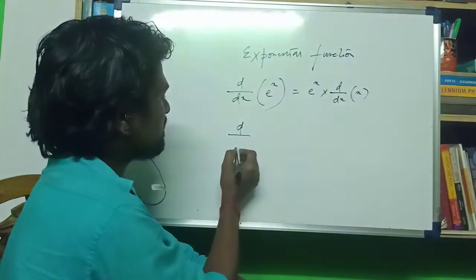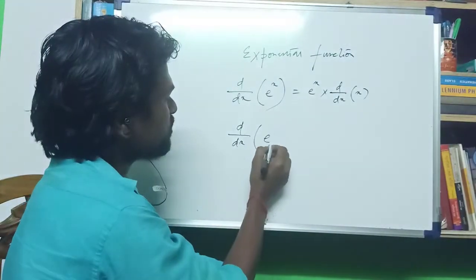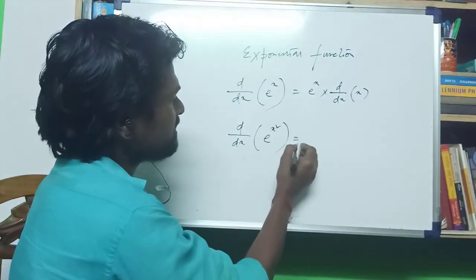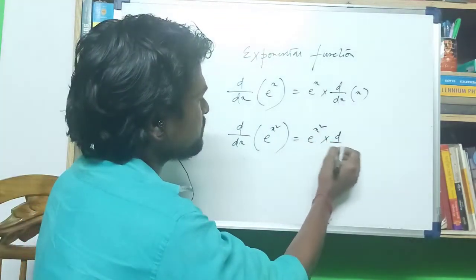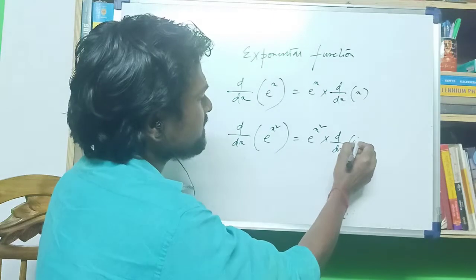Suppose the expression is d/dx of e to the power of x square, then you just write down e to the power of x square and the d/dx of the power, that is x square.